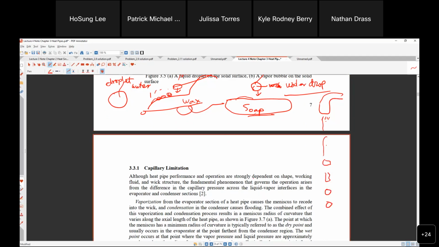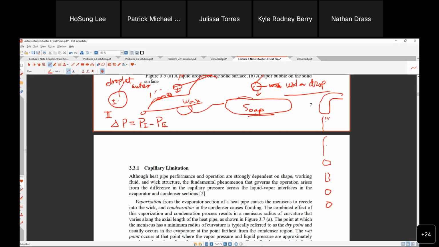Yes or no? Yes, because of surface tension. There are tension forces. So once it's a droplet, the inside is 1, the outside is 2. Pressure difference, P1 minus P2.